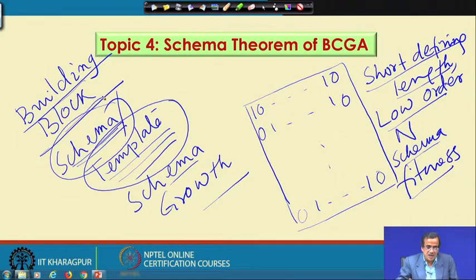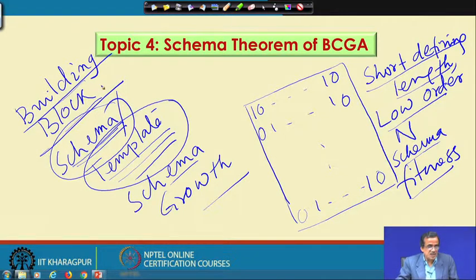So, using this schema theorem or the building block hypothesis, we can say that if there is a good schema, that particular good schema is going to gain in number through a large number of iterations, and that is going to dictate the whole population, and that is going to give the globally optimal solution.